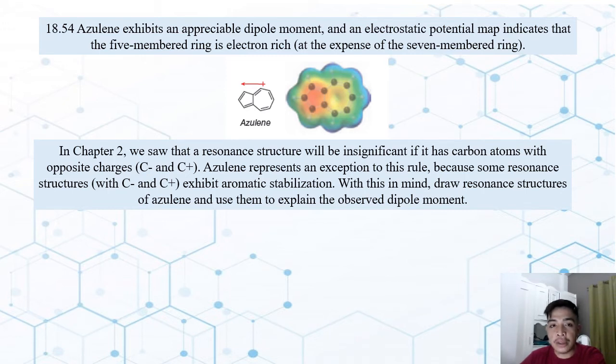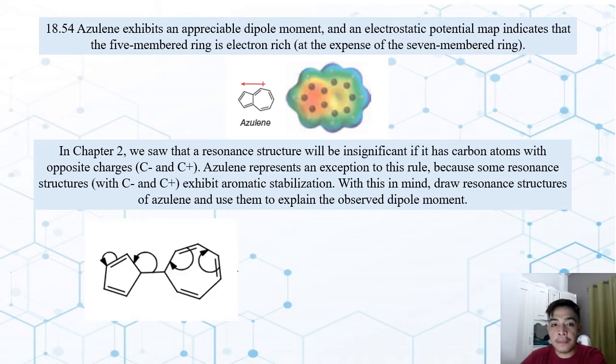As you can see on this compound, the resonance structure is aromatic, since we know that an aromatic compound has an odd number of pi bonds. Therefore, it contributes significant character to the overall resonance hybrid.